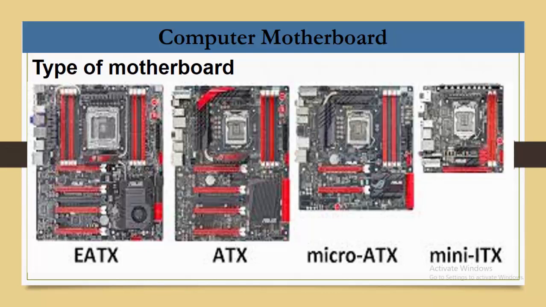If you are going to build a PC or just want to know what types of motherboards are the most popular and what they do, then we will explain each type with an easy explanation.